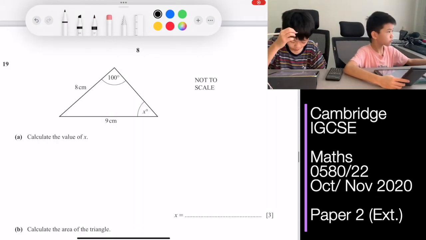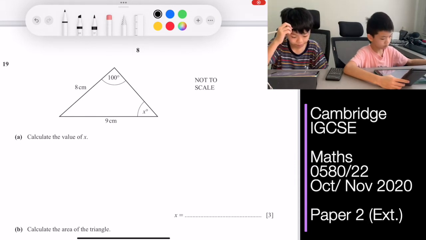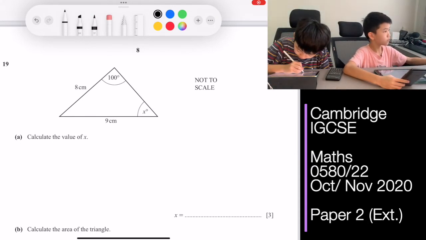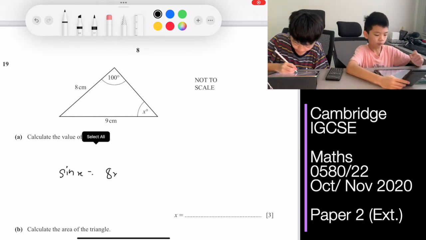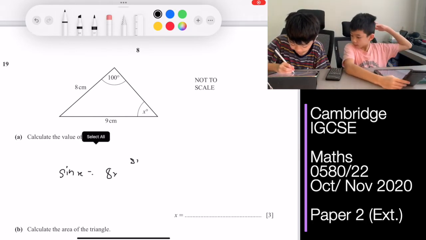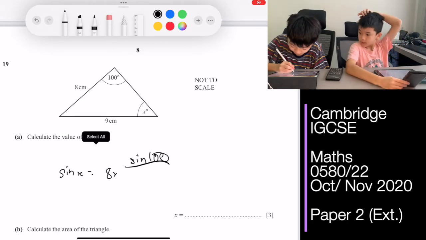Calculate the value of x. By using the sine law, we can find that sine x will be 8 multiplied by sine 100 over 9.